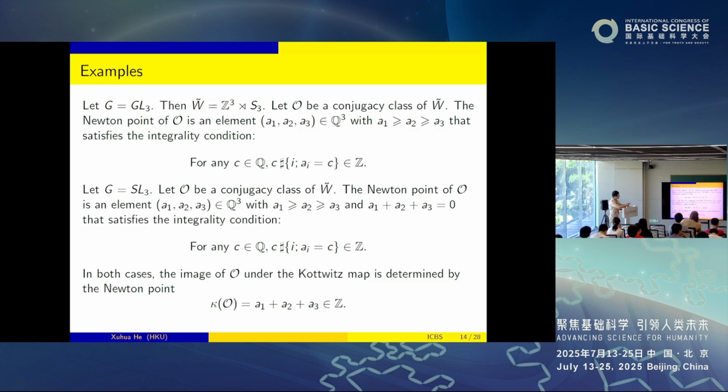You look at the translation part and also at these conjugacy classes, and the image is given by a condition. For example, you can have 1/3. If you have a 1/3, you need to have three copies of the 1/3, by the integrality condition. If you have 1/2, then you need to have two copies of the 1/2, and the third one must be an integer.